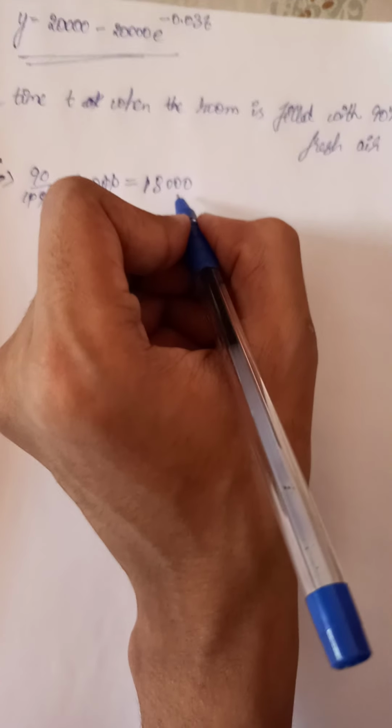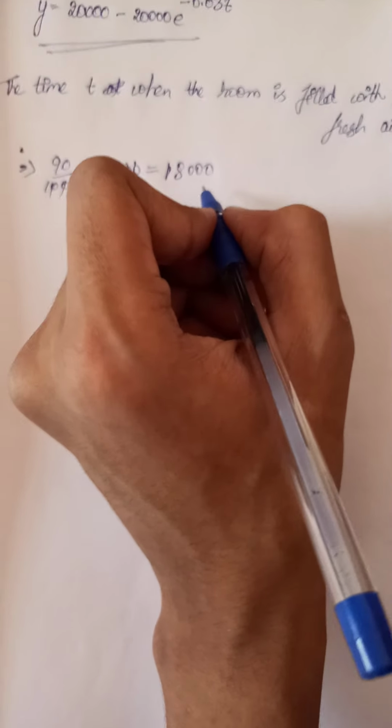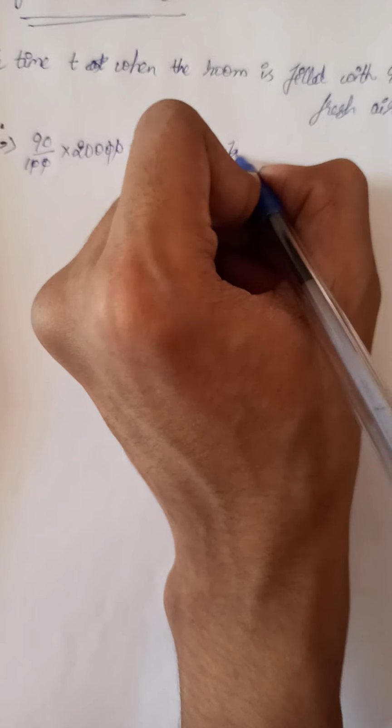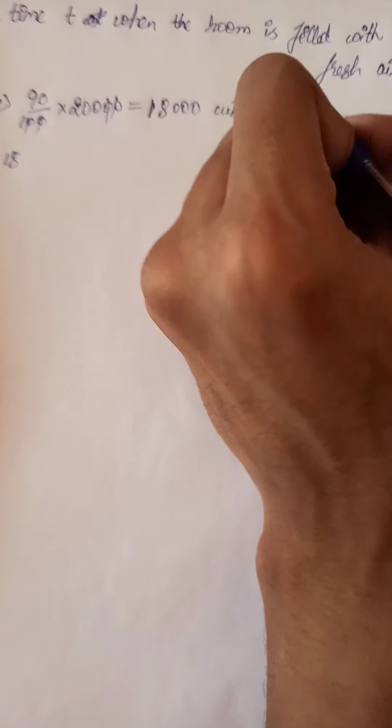So 18,000 cubic feet of air inside the room has to be fresh air, which will be our y in this equation.